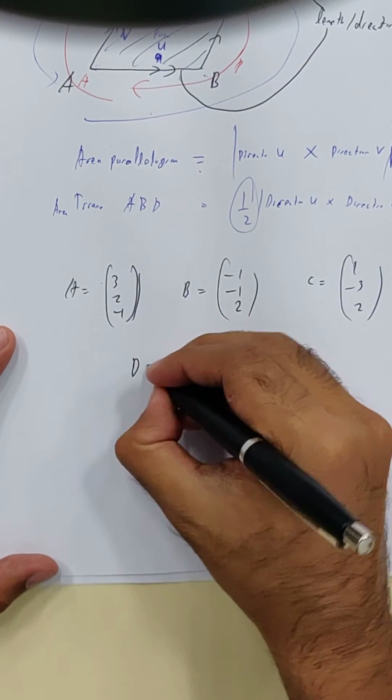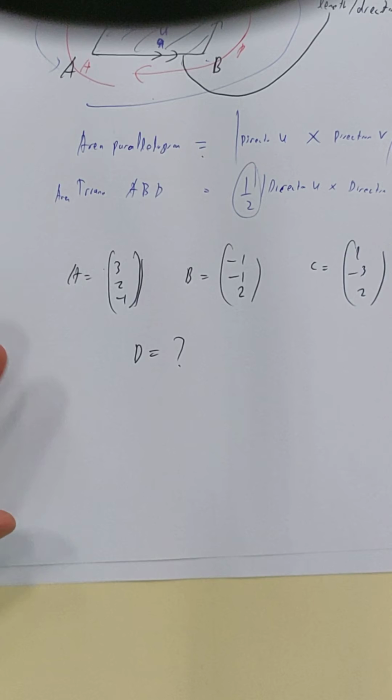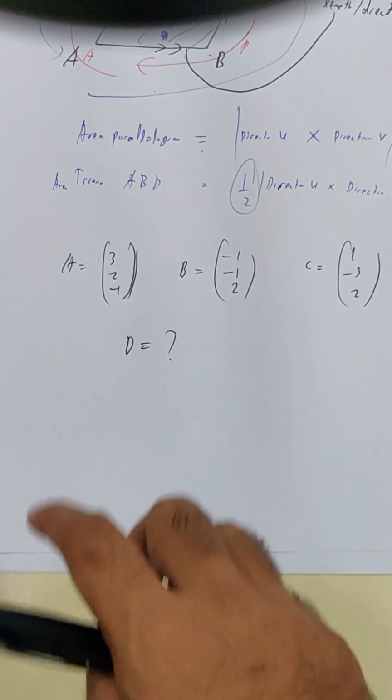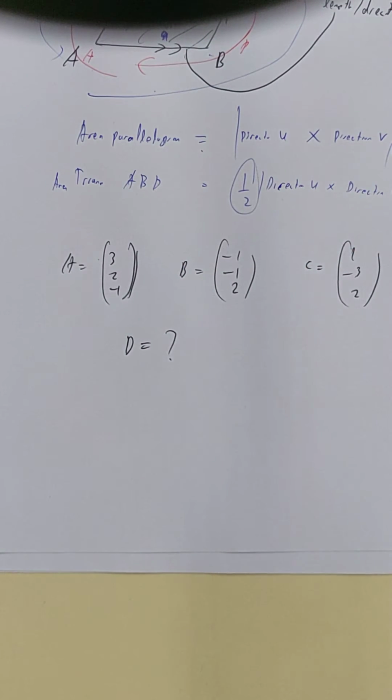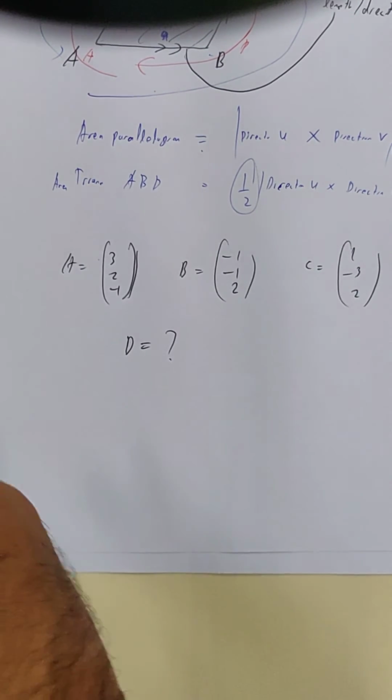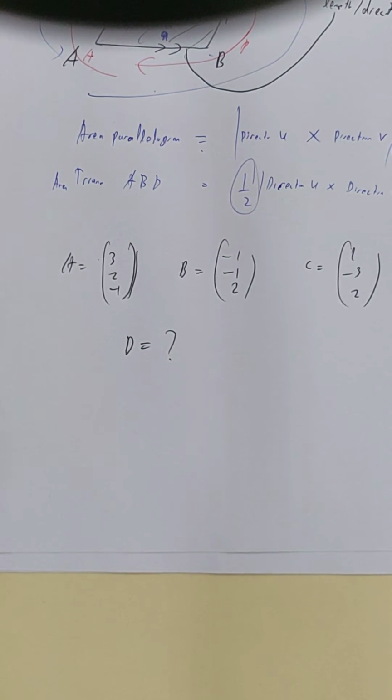So D is equal to what? Okay, let us clarify. A, B, C, D, are they position or direction vectors? Sorry, it's a position vector.